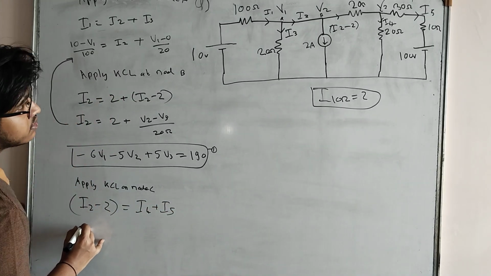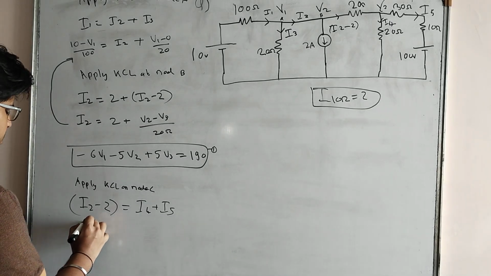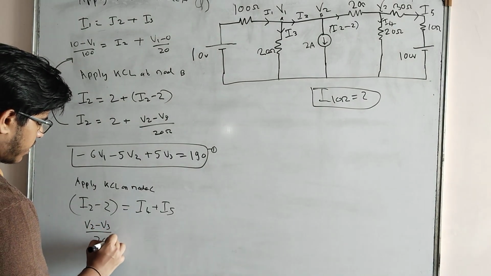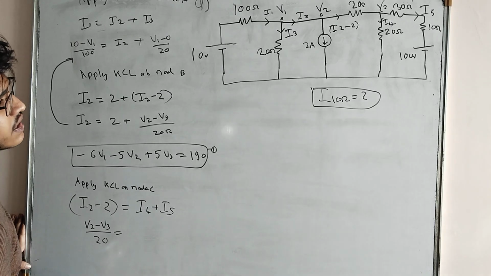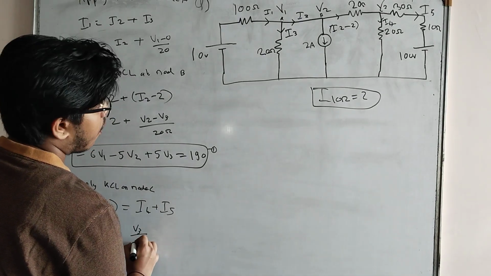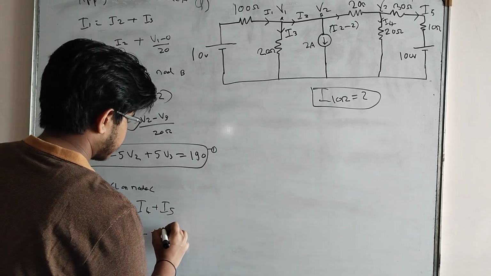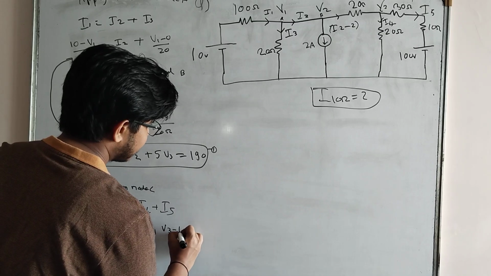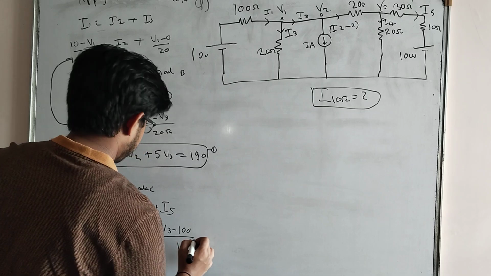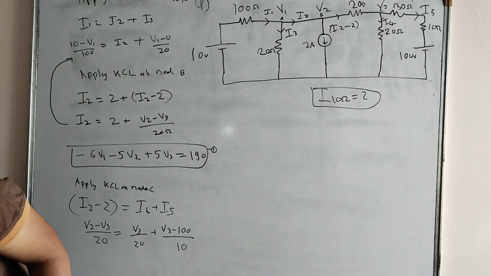So I2 minus 2, this is having a voltage drop of V2 minus V3 upon 20, which is equal to I4, which is having a voltage drop of V3 upon 20, plus I5, which is having a voltage drop of V3 minus 100 upon 10. On solving this equation, I will just write our final equation from this.